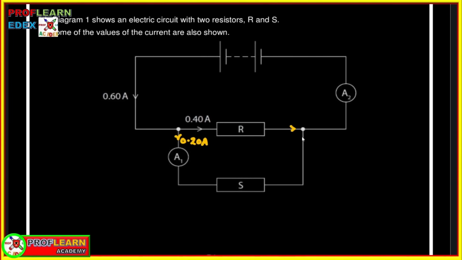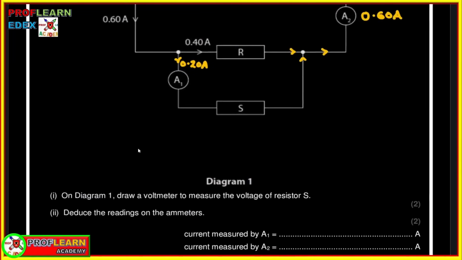Then when this current joins at the other end, it becomes 0.6 again. So we realize when you have two resistors, it's going to split the current into two parts. What is the same between R and S is the voltage, but the current is different in those two components.